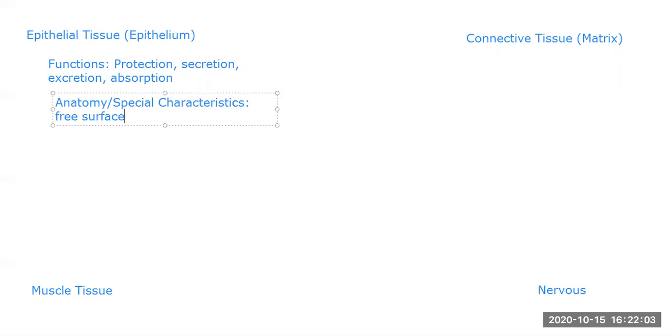So it will always have a free surface, and the other surface is always going to be attached to a basement membrane, which is made of connective tissues, so that this tissue is anchored in place.